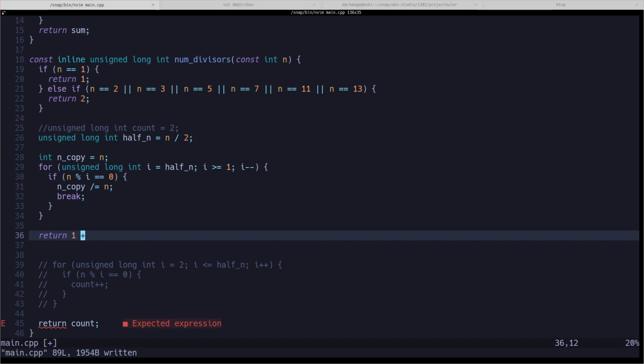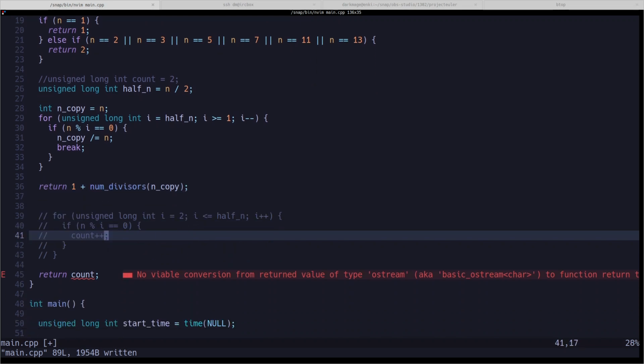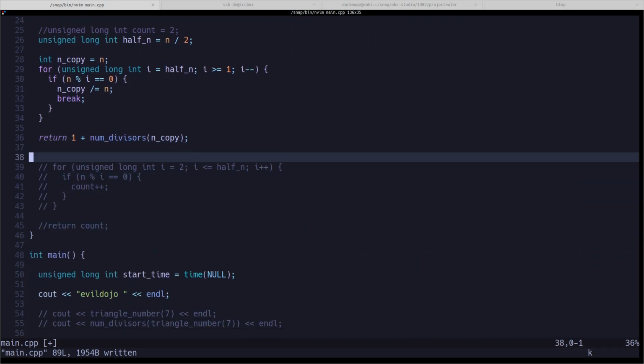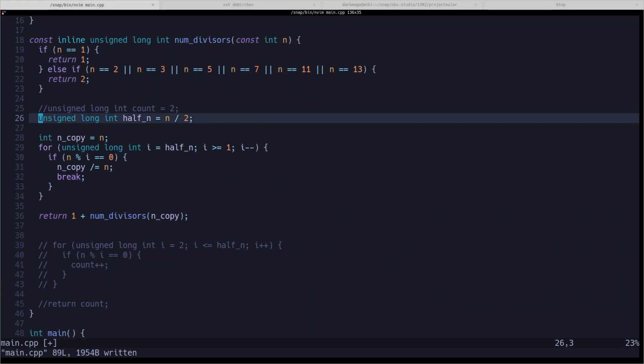Now here's another problem. What if we get through this whole thing and we never find anything? I don't think that would be true. Nor do I think we should need a loop like this.